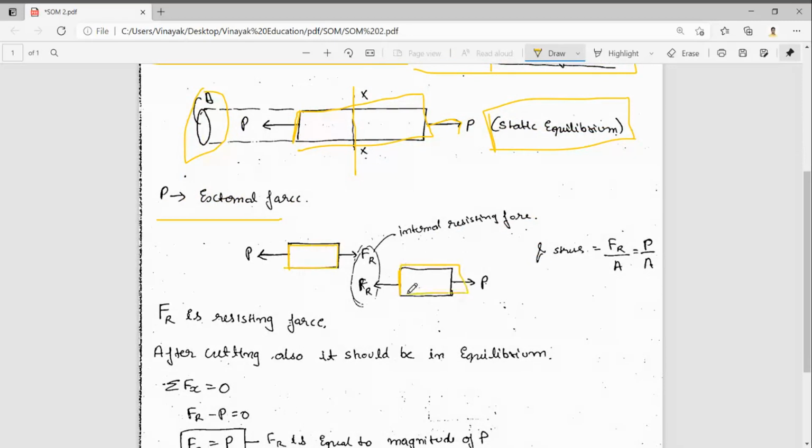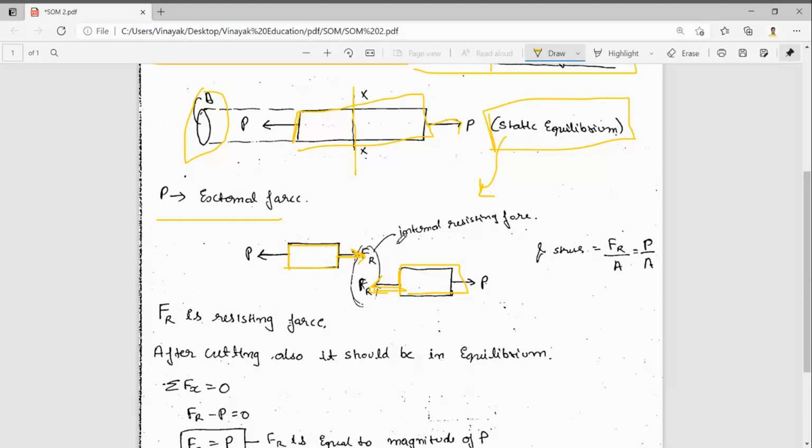See, here the body was in static equilibrium. So after cutting also the body should be in static equilibrium. So for the body to be in static equilibrium, there must be a force. When we are cutting, there will be two forces. But the two forces will be of the same magnitude, and the direction will be opposite.